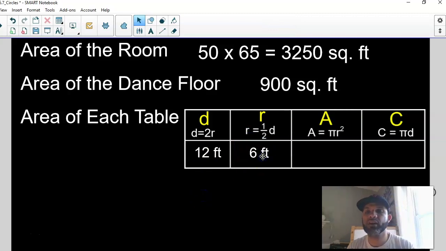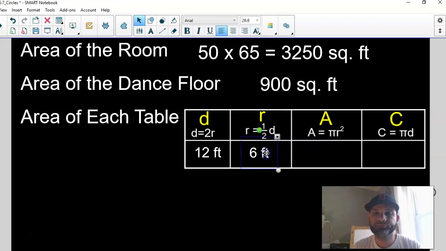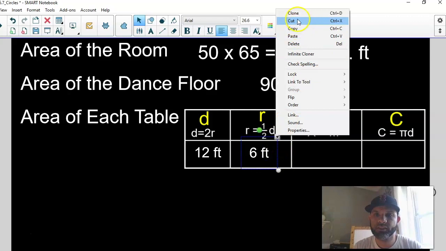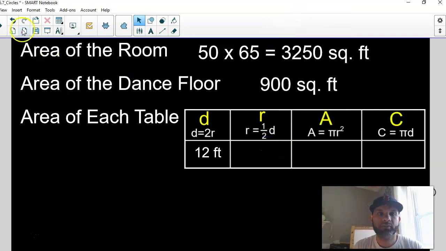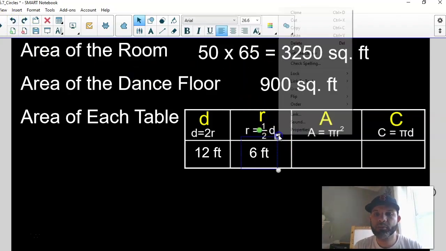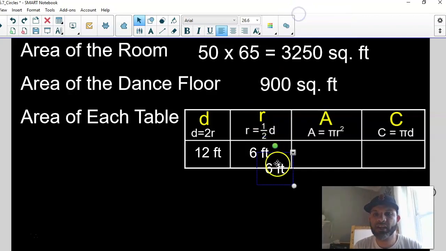Now we can figure out the area. The area is pi times the radius squared. The radius is 6, and that's going to be squared, so we're going to put the exponent of 2.